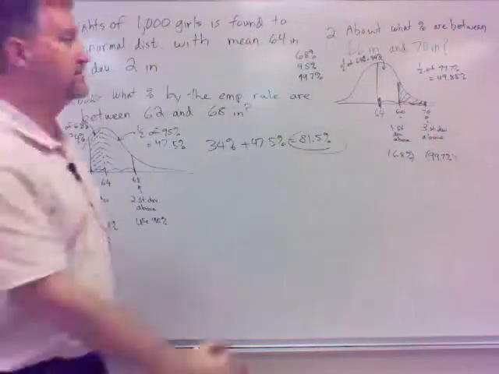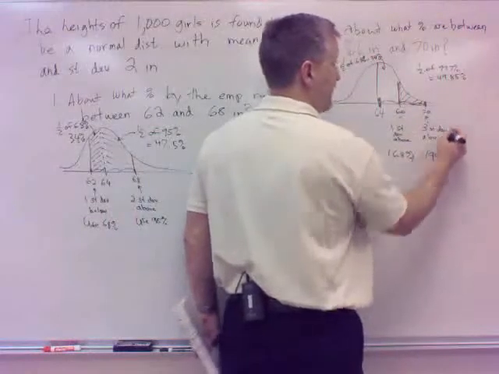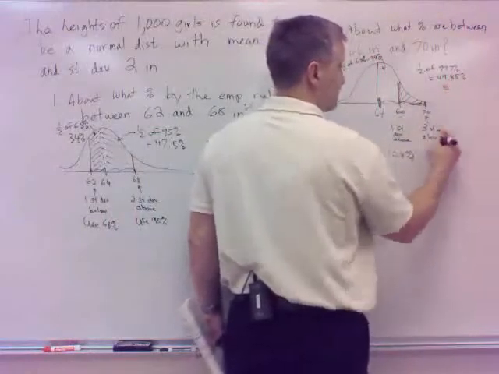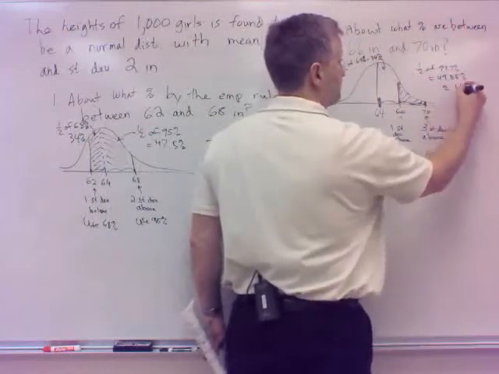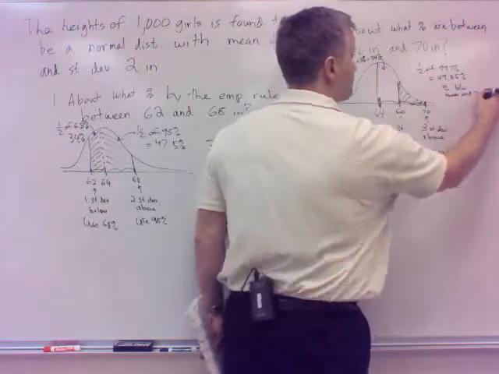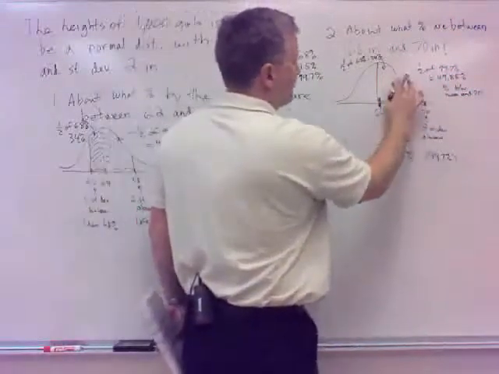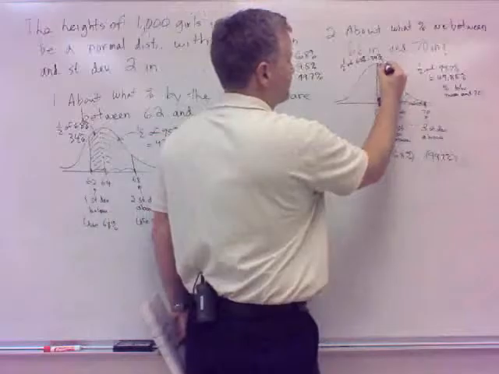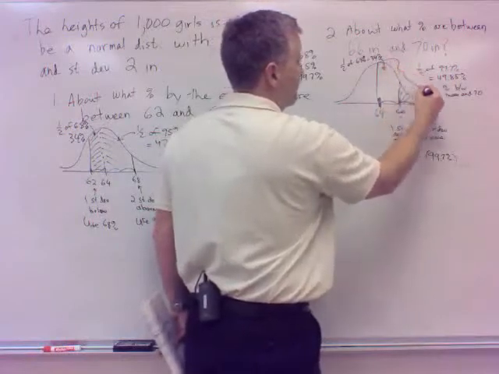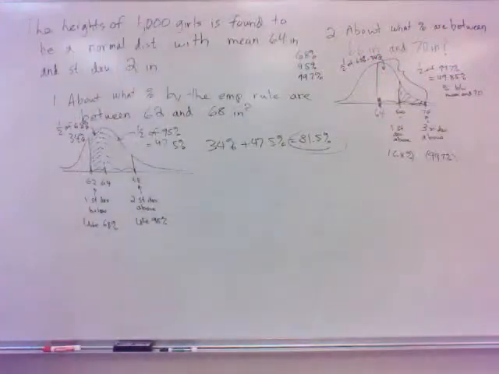That represents the percent between the mean and 70. Which it's kind of hard to label here, but that's from here all the way to there. That's 49.85. Do you see how I'm going to get this piece?